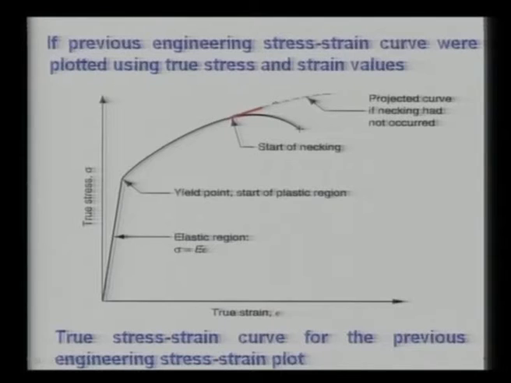This dotted line here is the true stress true strain curve, and this is the projected curve if necking had not occurred, and this is the start of the necking. Now if the previous engineering curve were plotted as a true stress true strain curve, it will look like this. Again you have the elastic region, then the non-linear behavior which is called plasticity, and then it goes to fracture of the material.